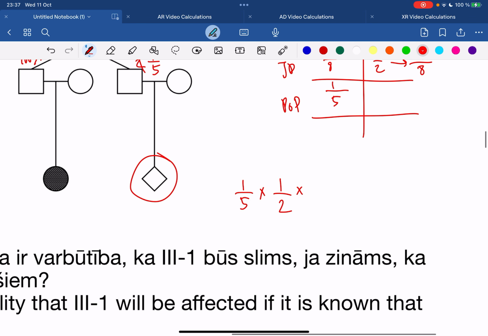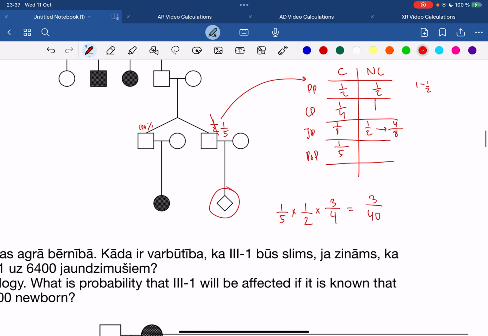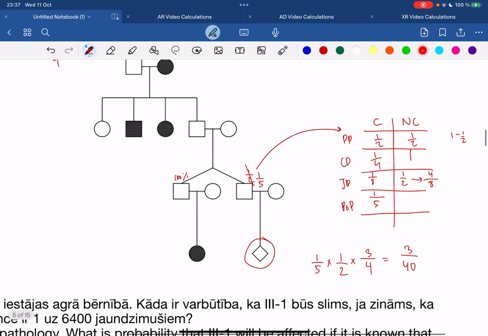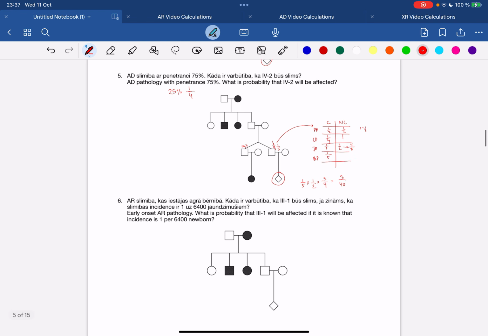So we have to add in the penetrance, and 75% in fractions is 3 out of 4. And this is equal to 3 out of 40. There we go. Let's go to the next one.